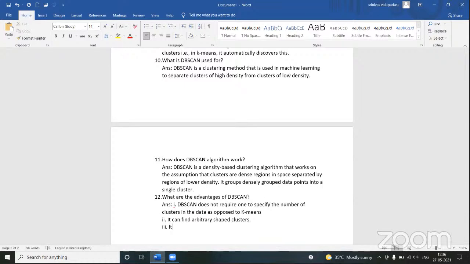It can even find a cluster completely surrounded by a different cluster. These are the advantages of DBSCAN.